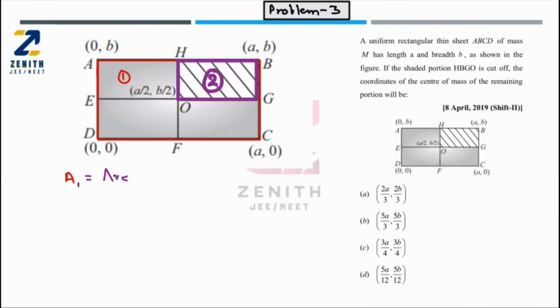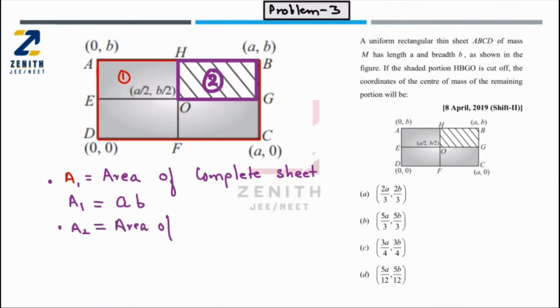So A1 is area of complete sheet, area of the complete sheet. So area of complete sheet means area will be A into B. A2 is the area of cutout section, area of cutoff section.